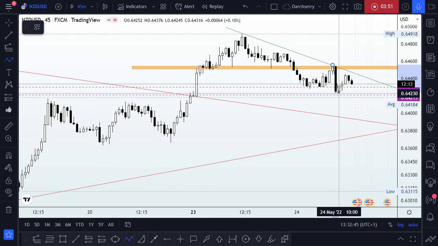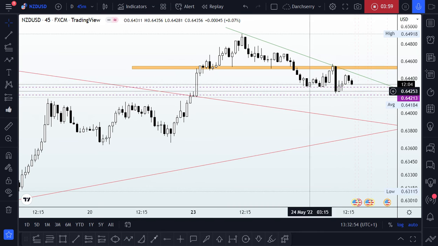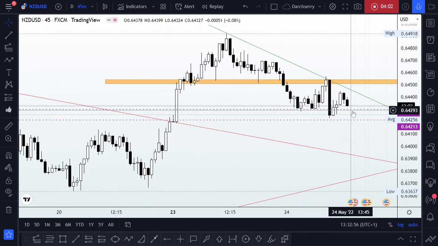And what we have right now is price coming back into what looks like touching that trend line a little bit.